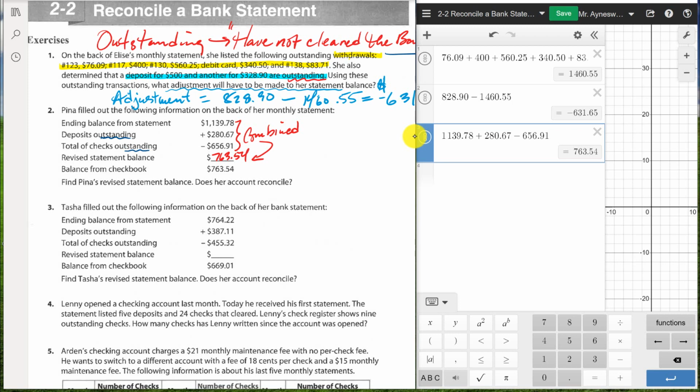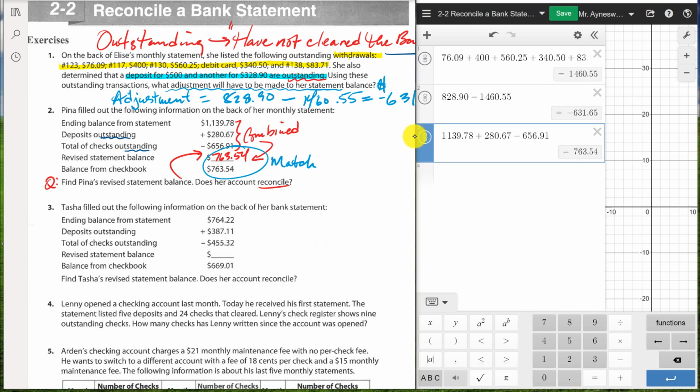So it says right here. Here's the question: find Pina's revised bank statement balance. Okay, that's right here. Okay, does her account reconcile? The key word is reconcile. Does her checkbook match the bank statement plus and minus the outstanding deposits and checks? And in this case, if you'll notice, these match.